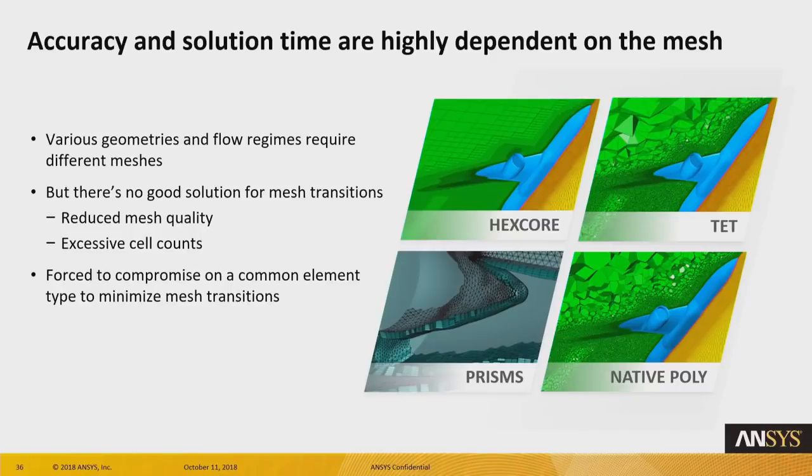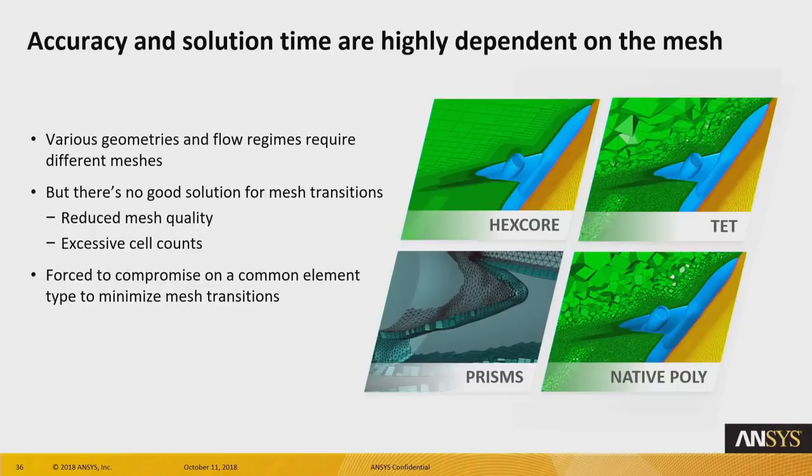They are much more efficient than tetrahedrons and somewhat less efficient than hex core, but they also fill the geometry that has challenging curvatures or challenging length scales very well. So in the classical approach, before the Mosaic meshing method was introduced, it was always a challenge to choose the best meshing method.